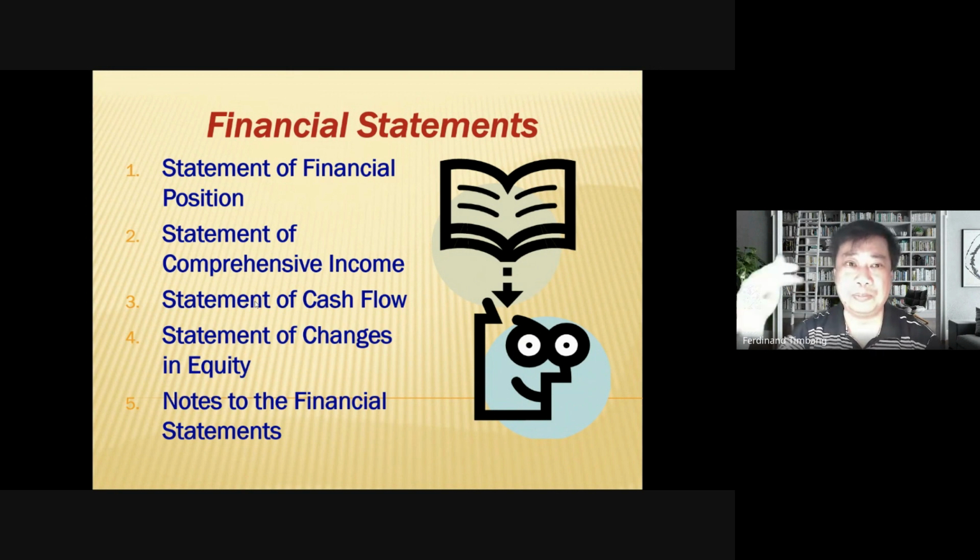But for reporting purposes, we are now sometimes using the statement of financial position because of the International Financial Reporting Standard, which we adopted. So that's correct. It summarizes all the accounts, under the assets, the liabilities, and the equity.